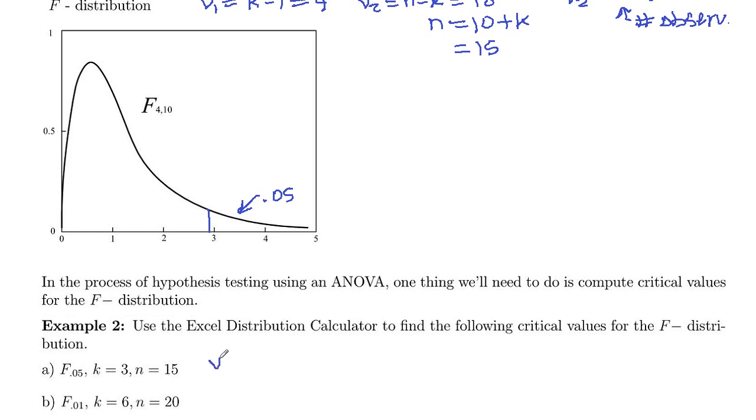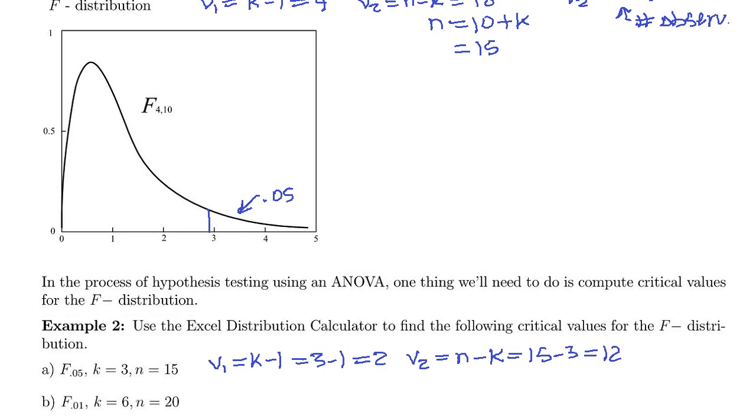That means our first degrees of freedom is k minus 1, which is 3 minus 1, or 2. And our second degrees of freedom is n minus k, which is 15 minus 3, or 12.